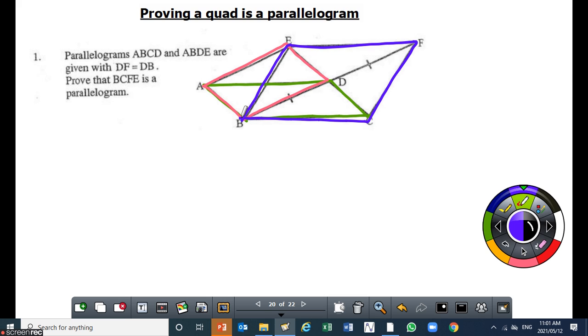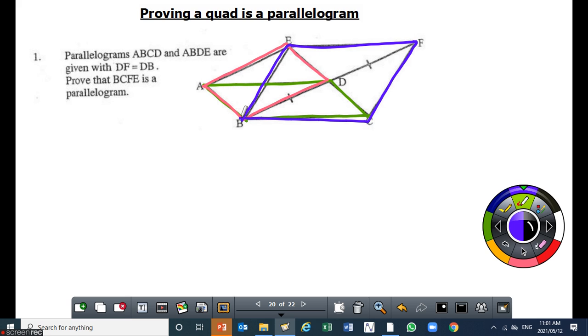Okay, so here we are given that BD is equal to DF. This is how I'm going to do it. If I can prove that ED is equal to DC, then I'm done with the question, because already I'm told that BD is equal to DF.